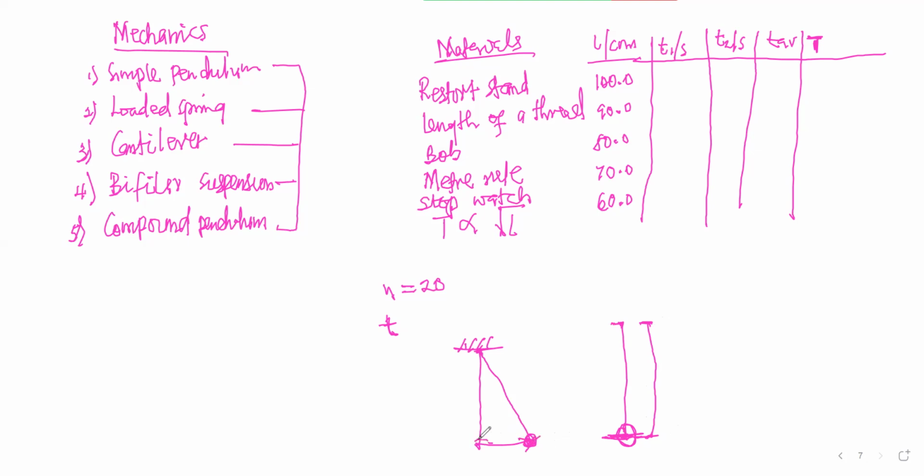So I move it from the mean point to this side, it must go and come back: 1, 2, 3. All that you are doing is that you want to determine the time for 20. So you can move it to one side, let it oscillate, and when you are ready, count 20 oscillations.